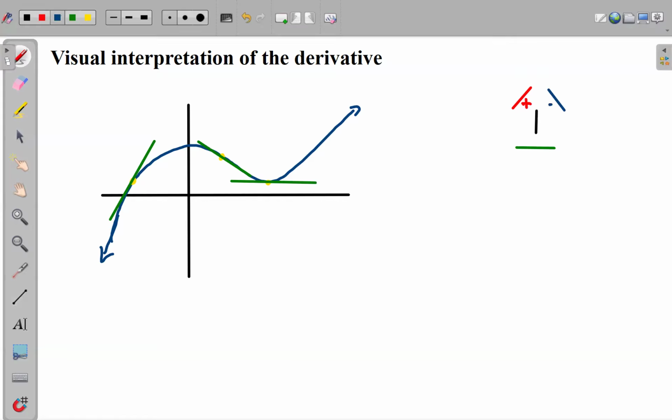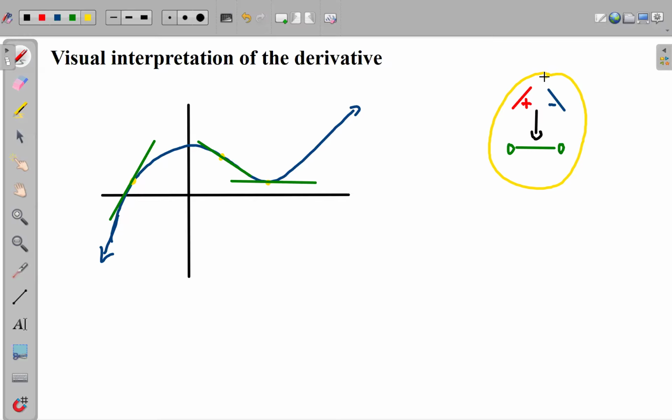A straight line with a negative gradient is decreasing. A straight line which is just vertical has an undefined gradient, and a straight line which is just horizontal has gradient 0. This is what I call the slope man. Very friendly guy who helps us answer difficult questions in calculus. And you will see what I mean. I'm going to illustrate that to you.